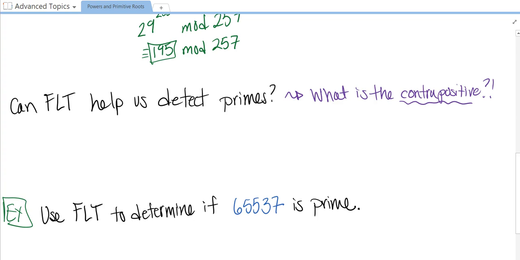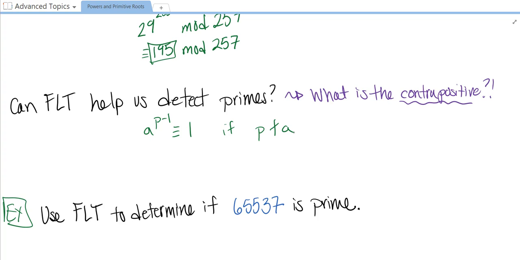Here's how I think of the contrapositive. Generally speaking, a to the p minus 1 is congruent to 1 if p does not divide a. That's the general statement.